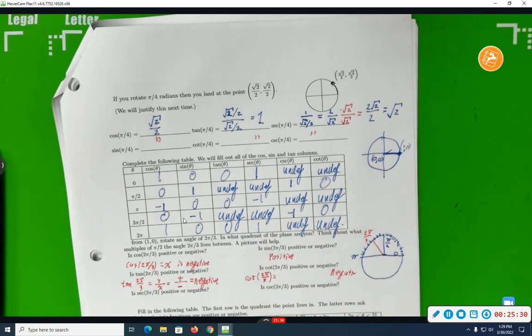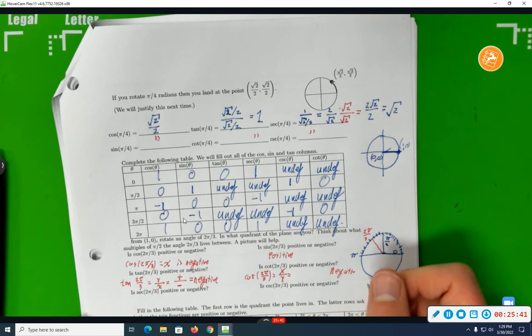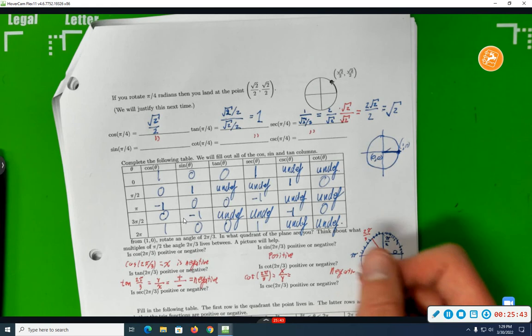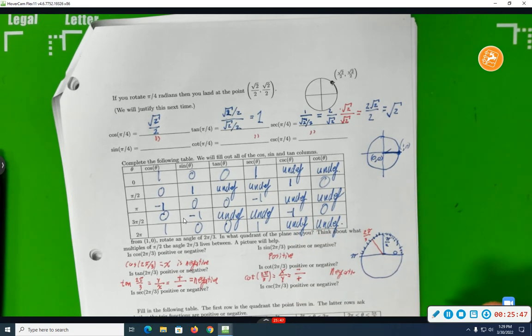All right, so cotangent. What is cotangent in terms of x and y? It's x divided by y. X is negative, y is positive, a negative divided by a positive is negative. Cool.